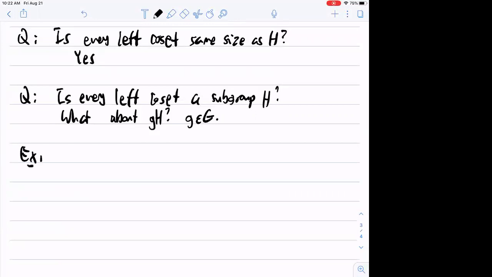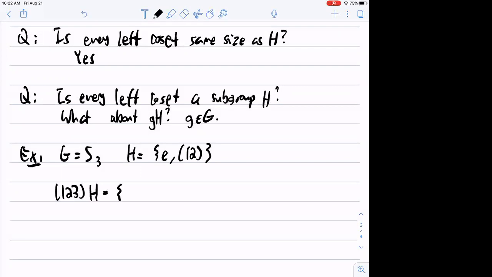Let's take G to be S3 and H to be the subgroup {e, (1 2)}. So I have H, and then I just need to take an element not in H. So (1 2 3). (1 2 3) composed with identity is (1 2 3).